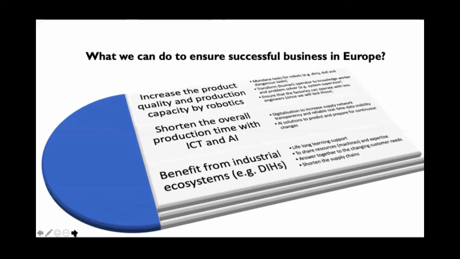If you view production generally in Europe, from the order to the delivery, the value added time is between 1% and 5%, and the rest is waiting time. And this waiting time is something we want to tackle with the new technologies as well.